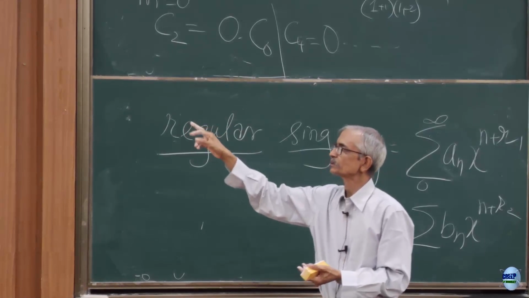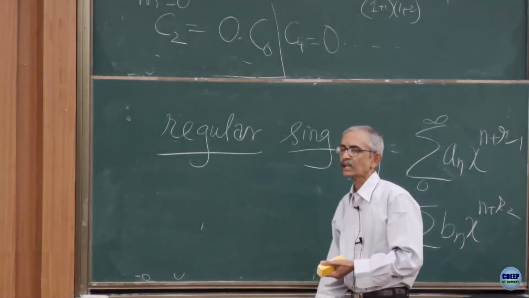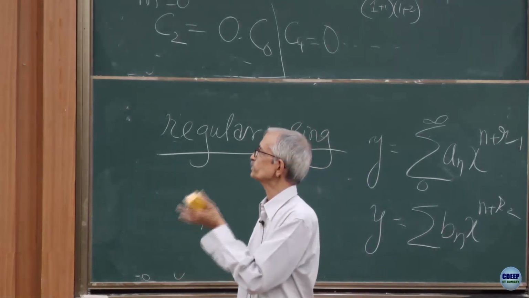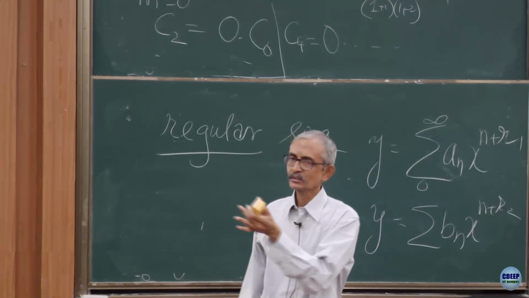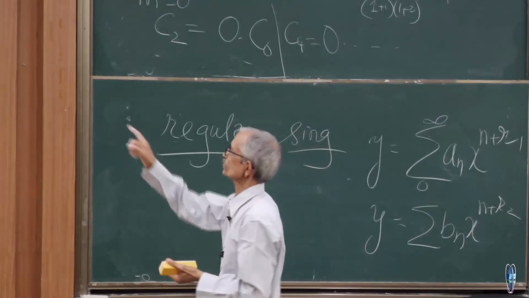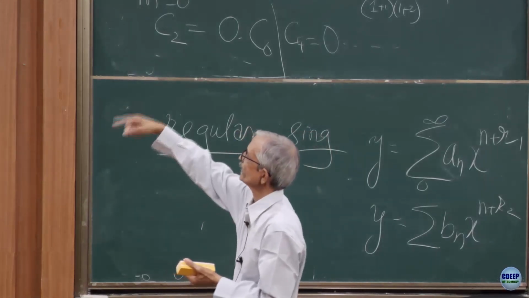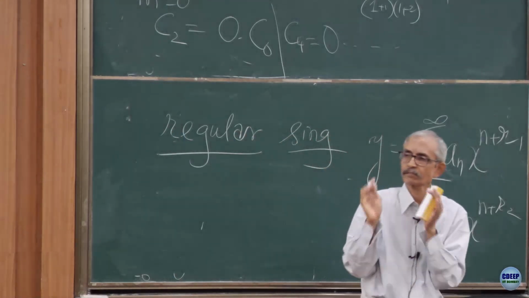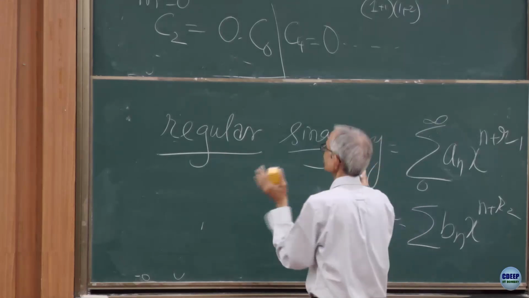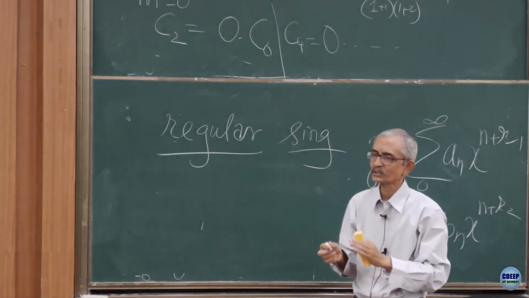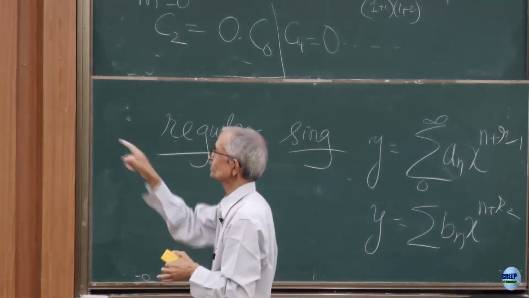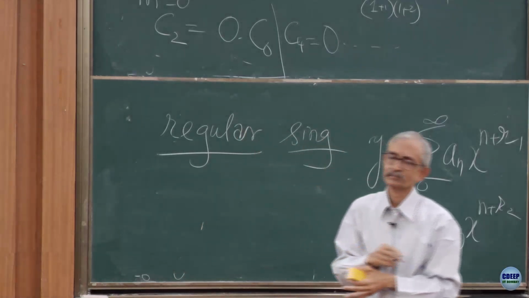So y1 equal to the summation of a_n x to the n plus r1 is going to be a solution. y equal to b_n x to the n plus r2 may or may not come out as a solution. That's why we say that y2 is equal to this, where a could be equal to 0. If the series with b_n and r2 is a solution, then a is 0, otherwise a is going to exist. Similarly, if r1 is equal to r2, then this is the solution.